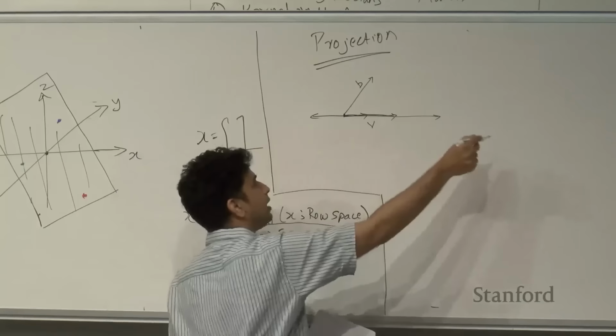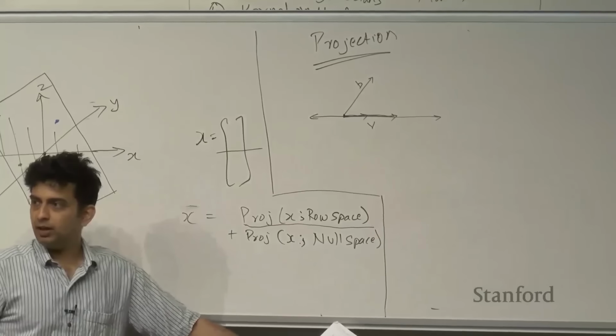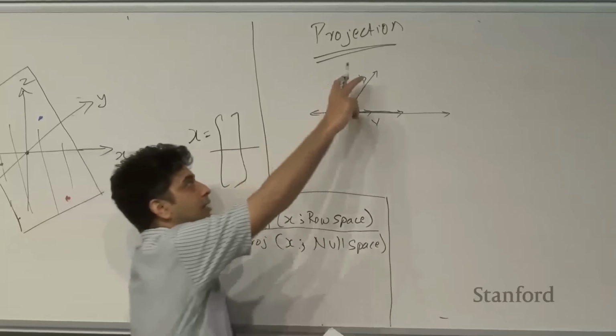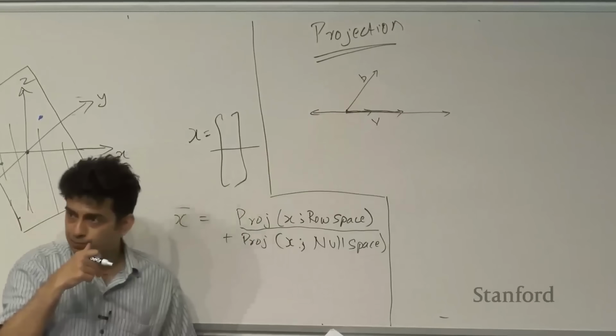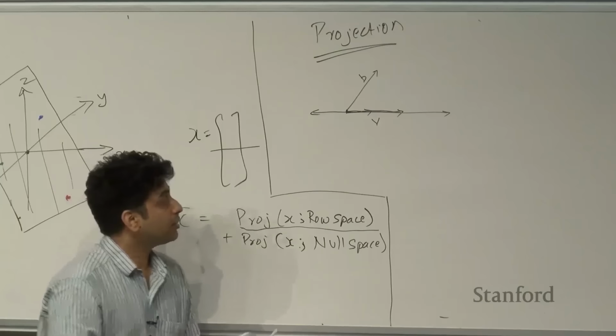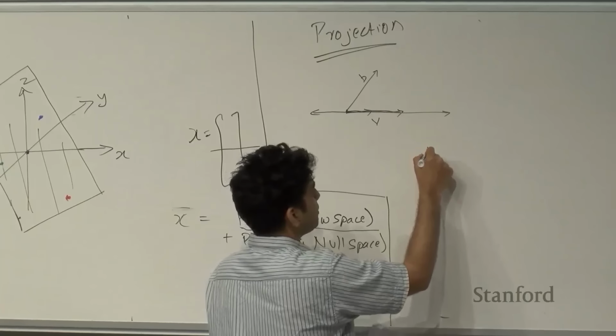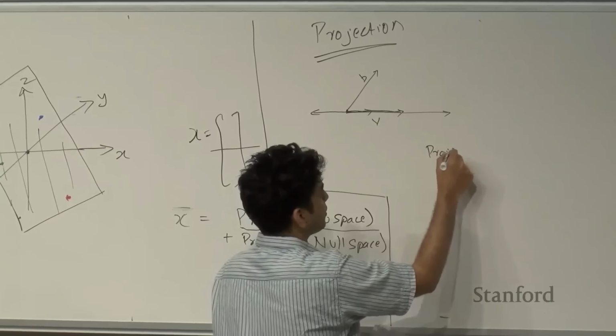So this entire line is the subspace spanned by the vector V, and now we want to project the vector B onto the subspace. And how do we do that? For a given V, there is something called the projection matrix.